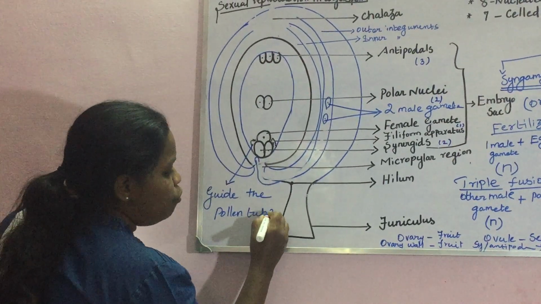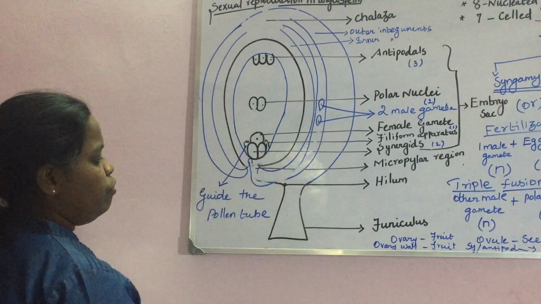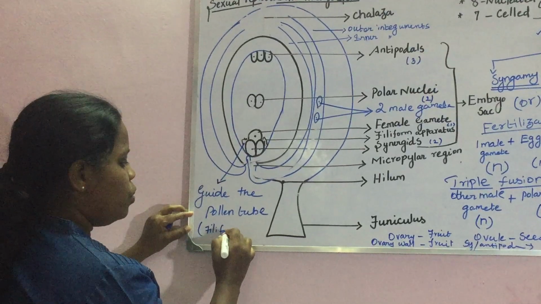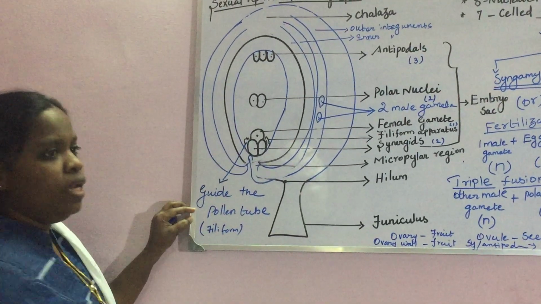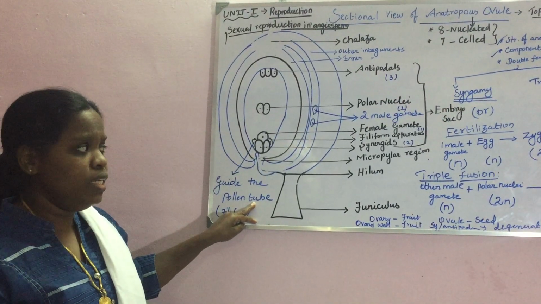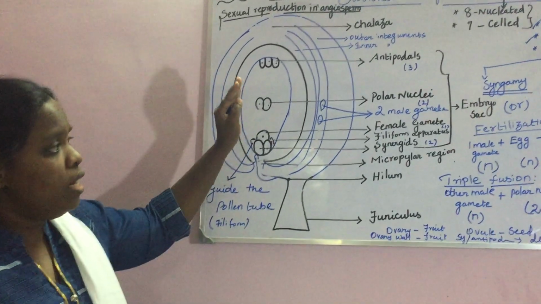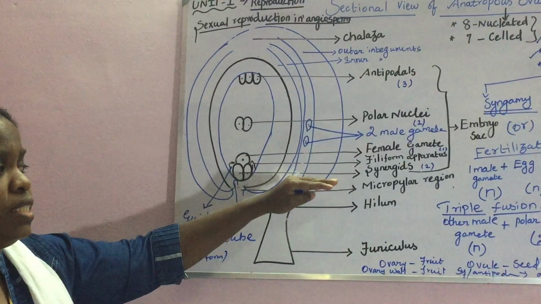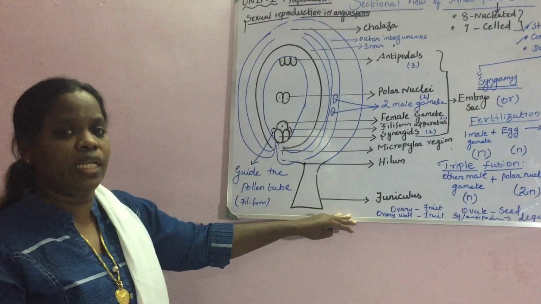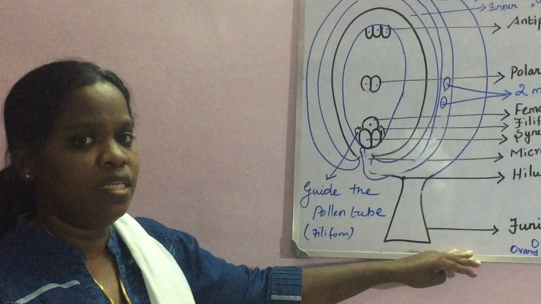That is the function of the filiform apparatus. Okay, are you clear? What is the role of the filiform apparatus? It gives guidance to the pollen tube. So that's all about the double fertilization and post-fertilization changes.